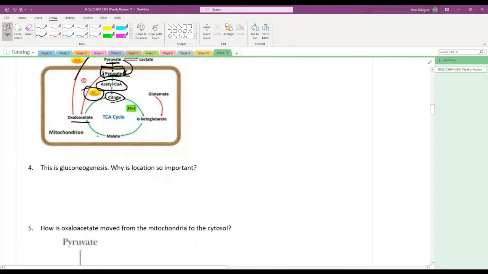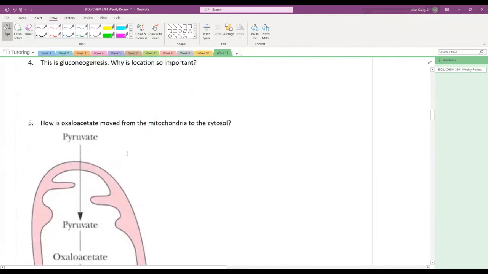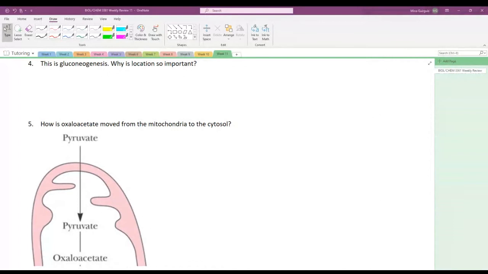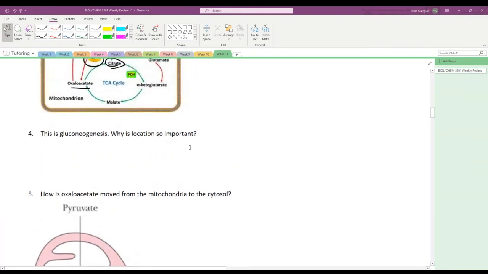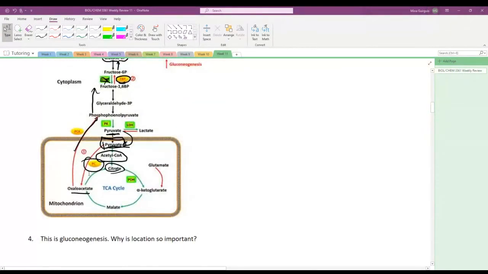Okay. So next, how do we get oxaloacetate out? It's really kind of unintuitive in my head, but actually, before we get into this, I realized I forgot something with number 4. Pyruvate carboxylase being in the mitochondria is also really valuable for another reason. The pyruvate in the cytosol, in the cytoplasm, is pyruvate that was just formed.